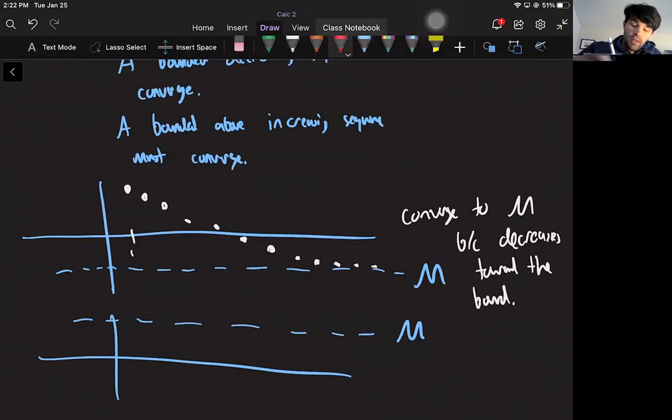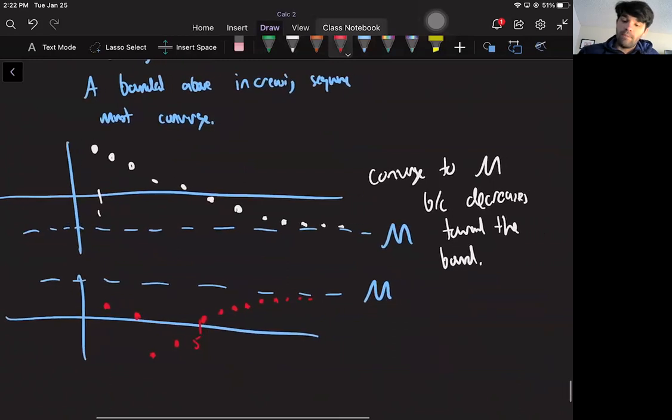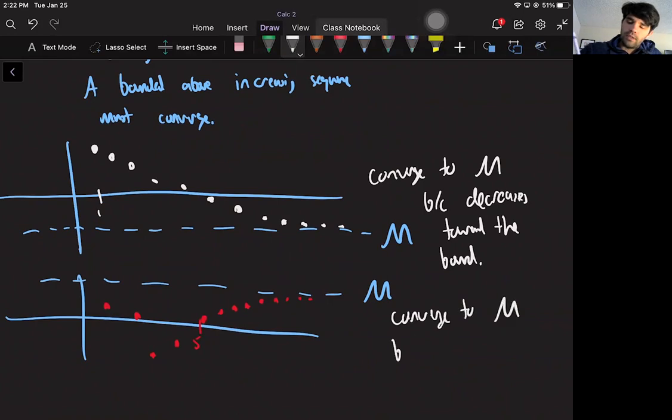In this case, it might not be increasing right away. That's fine. Maybe it only decreases after the 5th term or increases after the 5th term. But as long as there's a place where it starts increasing and becomes an increasing sequence, then after that point, the same type of thing will happen. It'll converge to M because it's going to increase toward the bound.